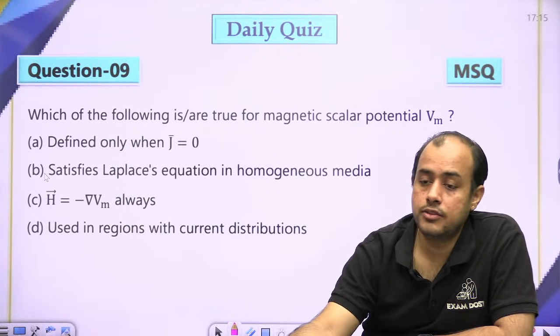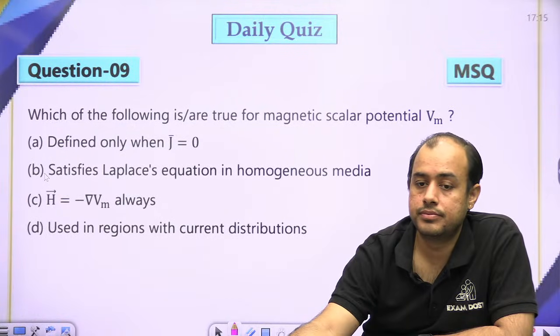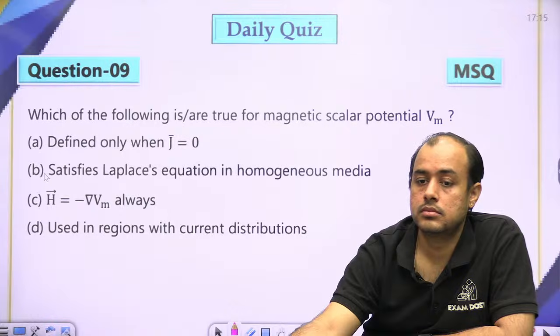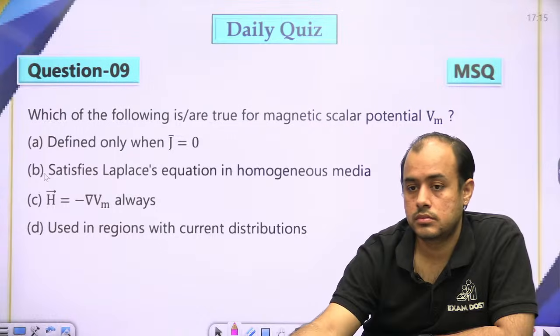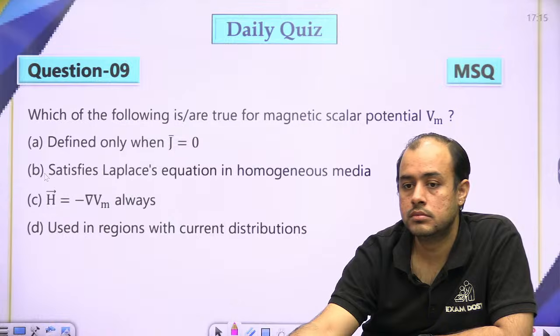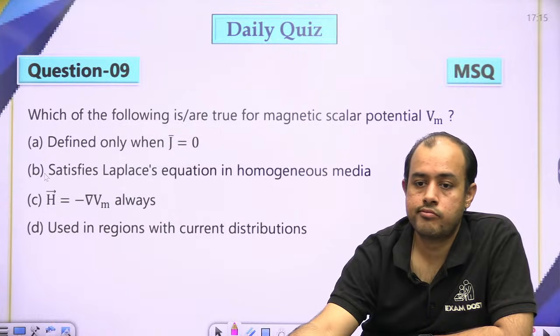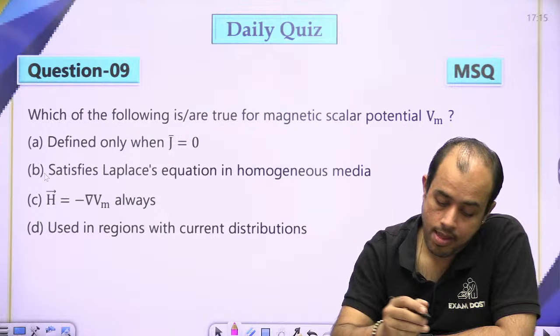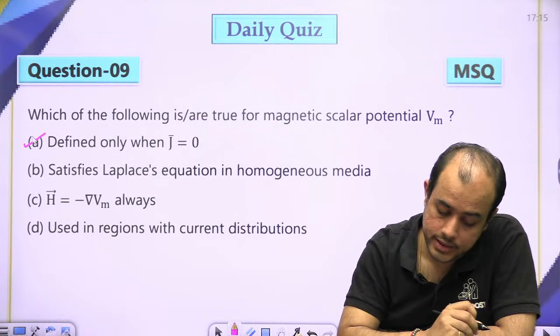Try the next one. What is true about the magnetic scalar potential? Defined when j is 0.